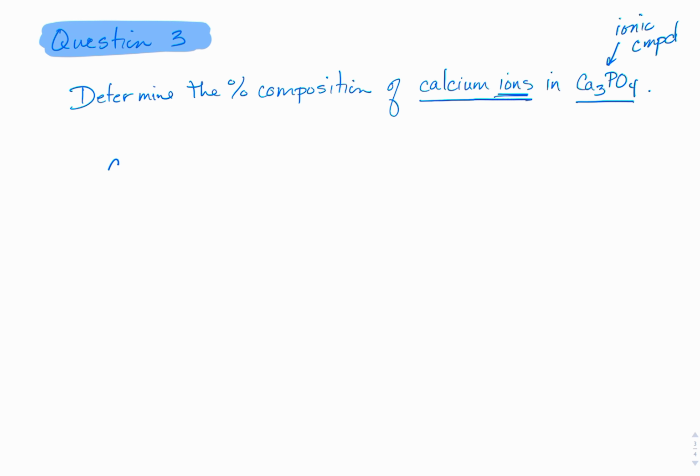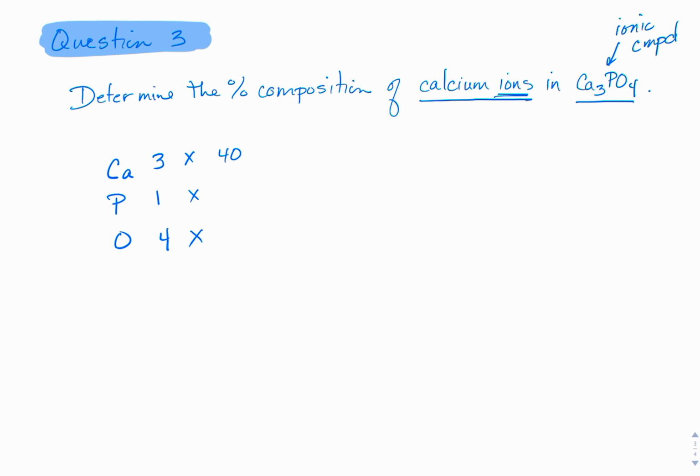So to start out with, we're going to determine the formula mass of calcium phosphate. So we know there's 3 calciums, 1 phosphorus, 4 oxygens. Multiply them each by their respective atomic mass unit.